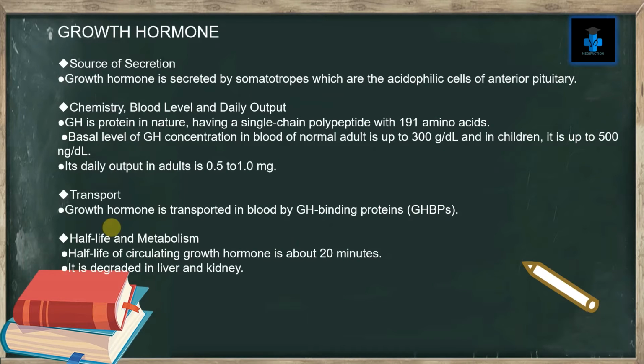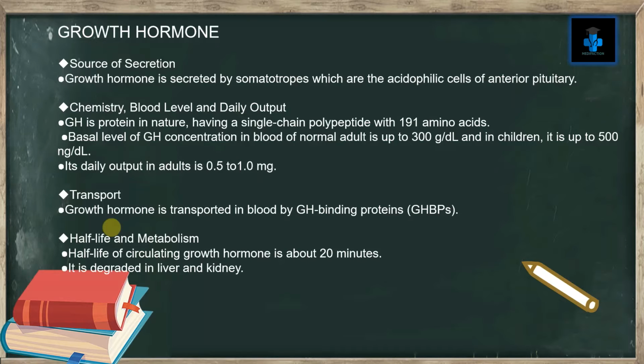Growth hormone. The source of secretion of growth hormone is somatotropes, which are the acidophilic cells of anterior pituitary. Chemistry, blood level and daily output of growth hormone: it is protein in nature, having a single chain polypeptide with 191 amino acids.